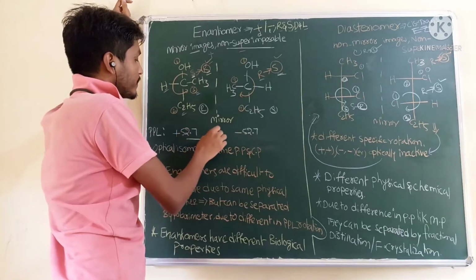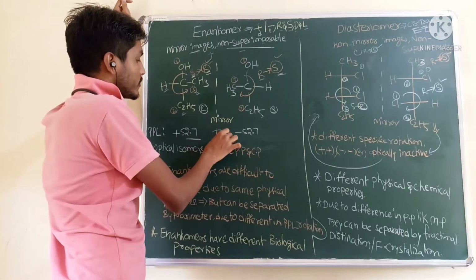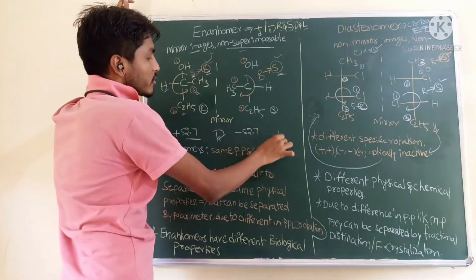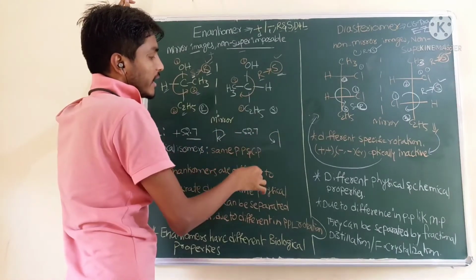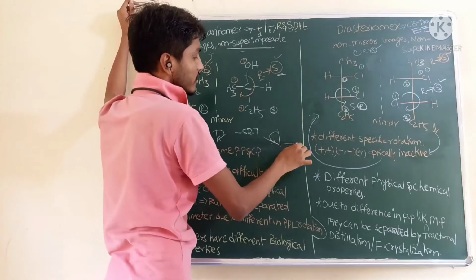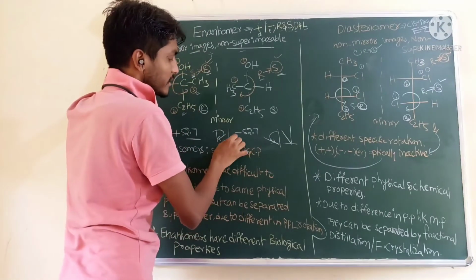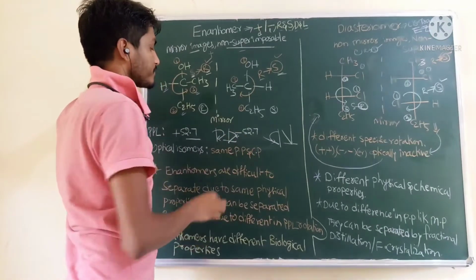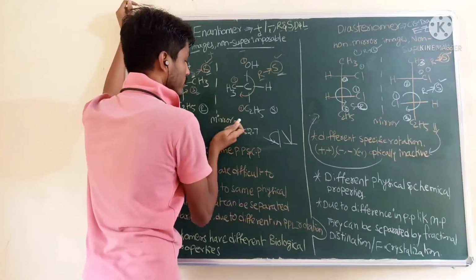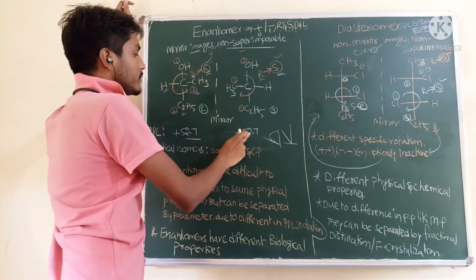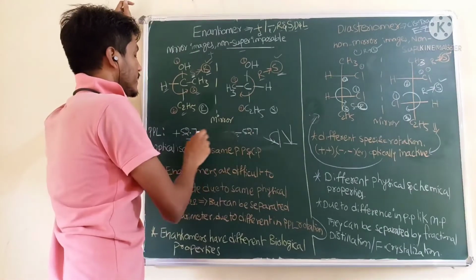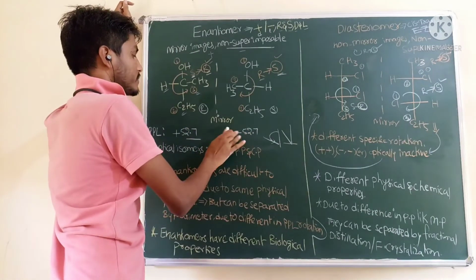This one rotates positively at 52 degrees, but this one will rotate the plane polarized light in the anti-clockwise direction. So they have the same specific rotation but different sign, positive and negative.